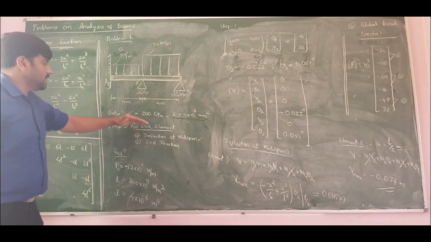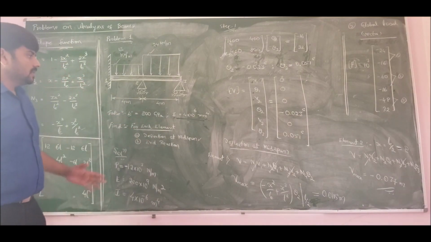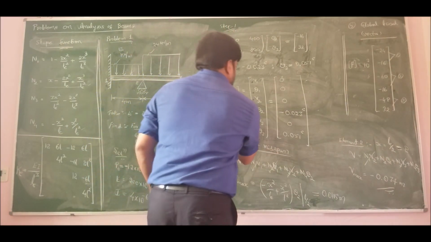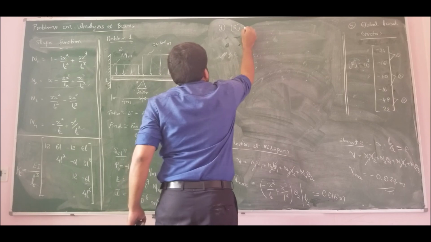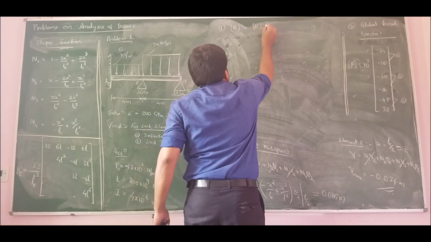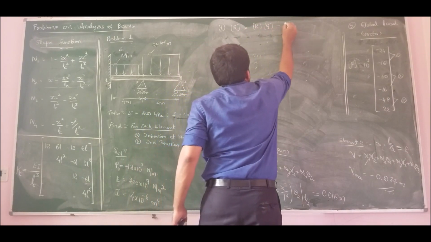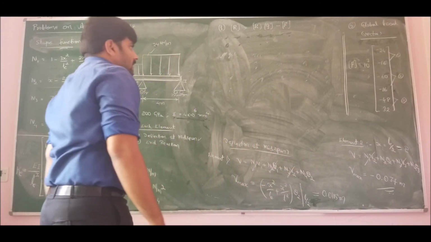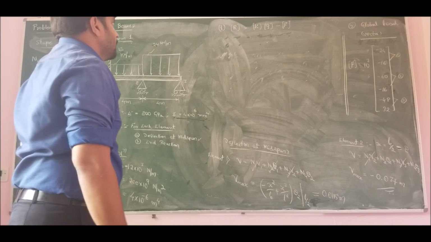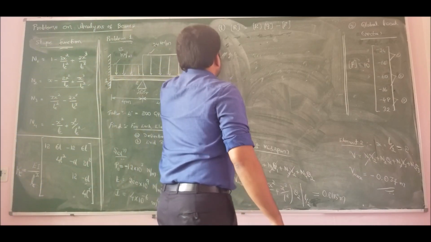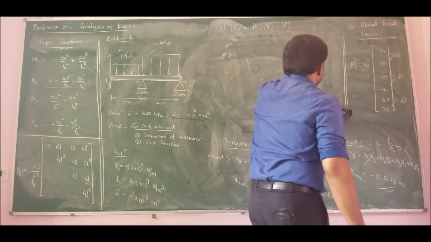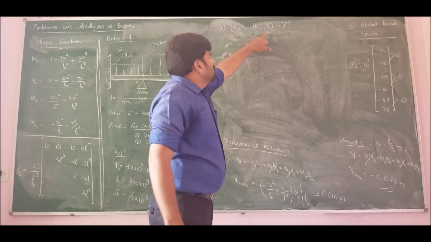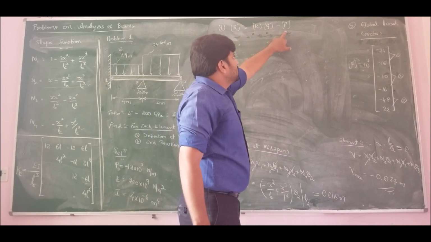Now he has asked, for each element find the end reaction. So the formula to determine the end reaction is given. End reaction is equal to K matrix into Q matrix minus F. So now for element 1 and for element 2, write down the corresponding values of K matrix for element 1, Q values for element 1 and F matrix for element 1.